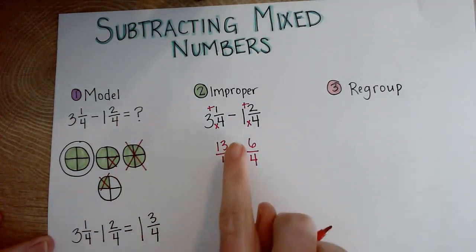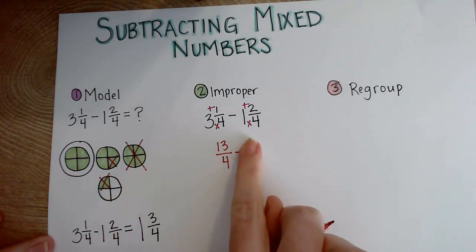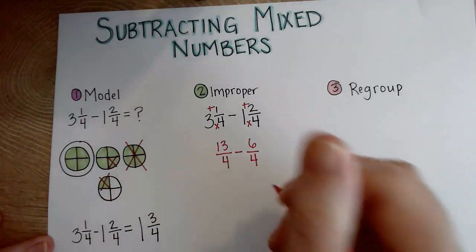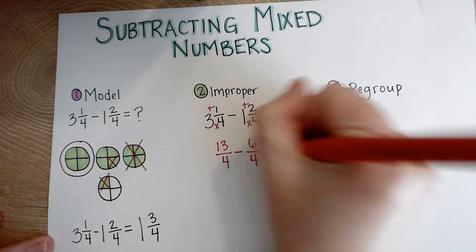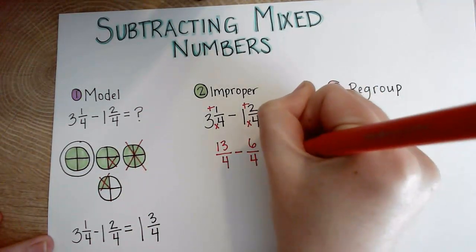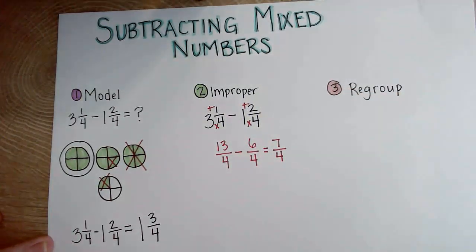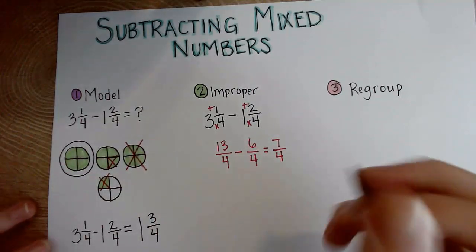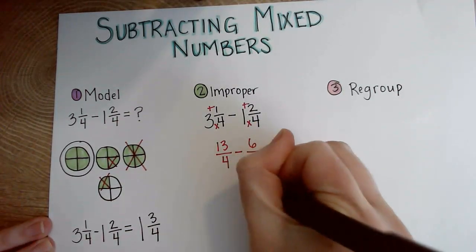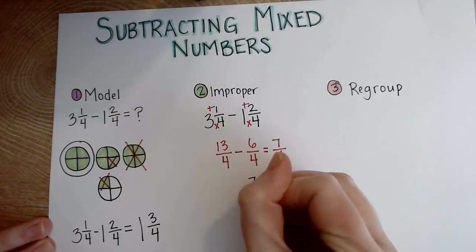From here, we're able to subtract directly across. 13 minus 6 is 7. Denominator stays the same. Now, depending on the expectation, sometimes we can leave this as an improper fraction, but of course, if we were required to change it back to a mixed number, we need to just pull out our whole.